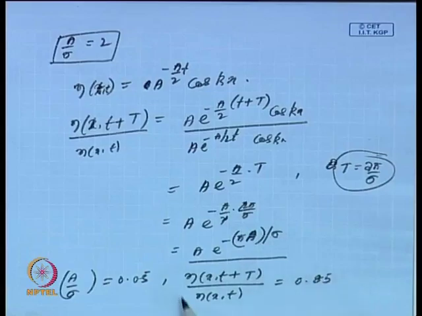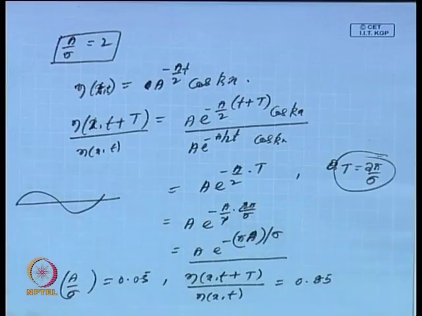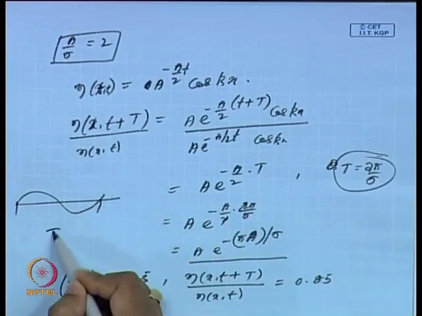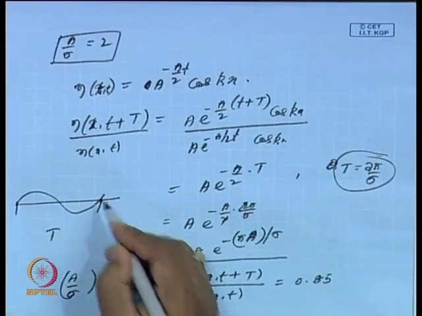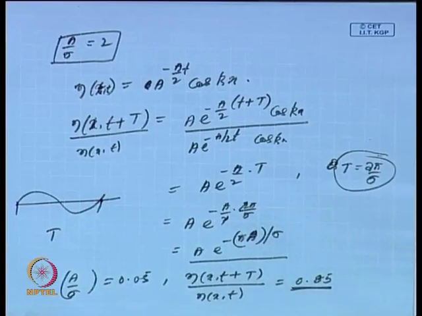Over one period T, when this was my elevation and after one period it reaches here, the elevation will reduce by 15%.